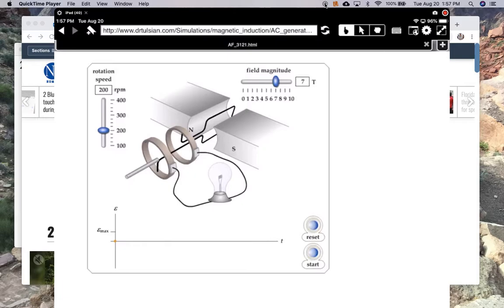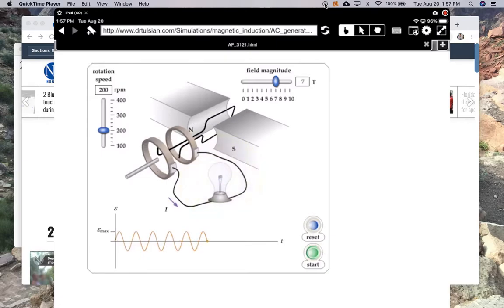Now, if you rotate this loop, electricity is produced. So now the question is, how do you rotate this loop? You can have a crankshaft and rotate this loop, and you can produce electricity.